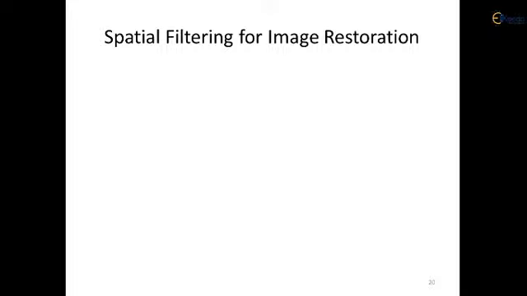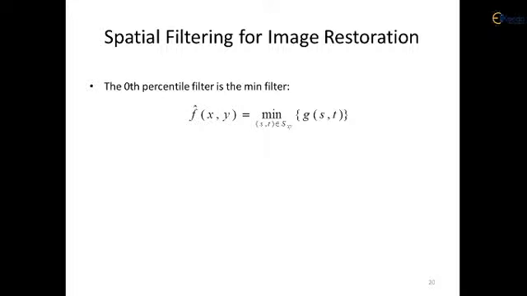Now when we take the 0% of the filter, then this particular type of order statistic filter becomes a minimum filter, what we can call a minimum filter, and it is mathematically expressed by the relation where we obtain the filtered image represented by f cap as a function of x comma y, equal to the minimum function operated over the image g as a function of s comma t, and this operation is performed by changing the position of the mask or the neighborhood S as a function of x comma y.